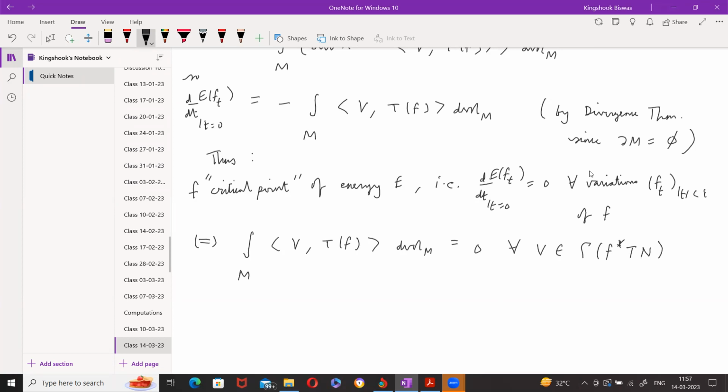And it's easy to see. Since tau F is a smooth section of this pullback bundle, I can take V equal to tau F. Then I get the integral of norm tau F squared equal to 0. That means tau F is identically 0. So this happens if and only if tau F is identically 0. Is this clear? Yes, sir.